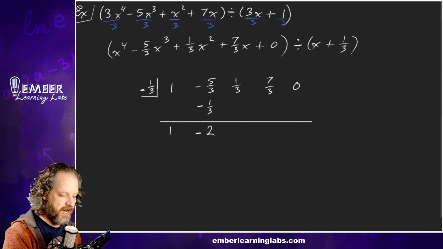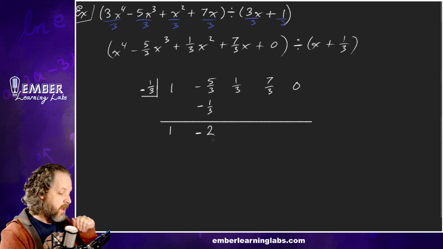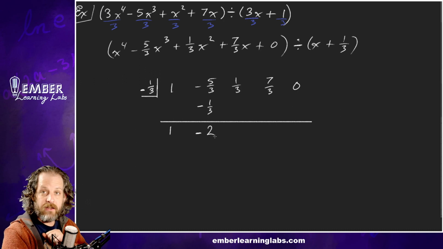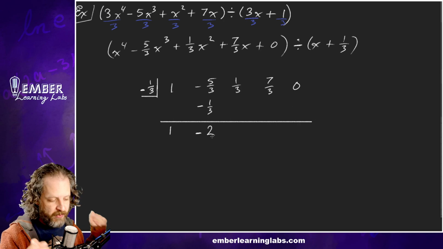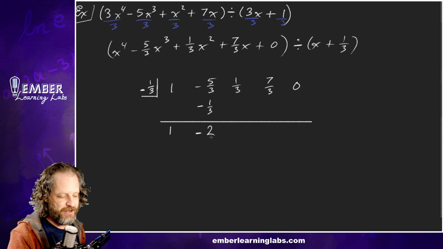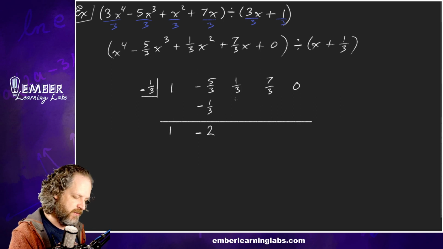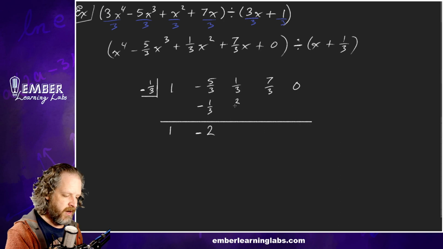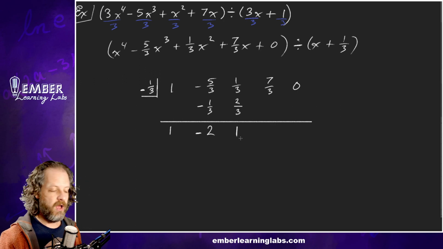Negative 1/3 times negative 2 is positive 2/3. 1/3 plus 2/3 is 1. Wow.